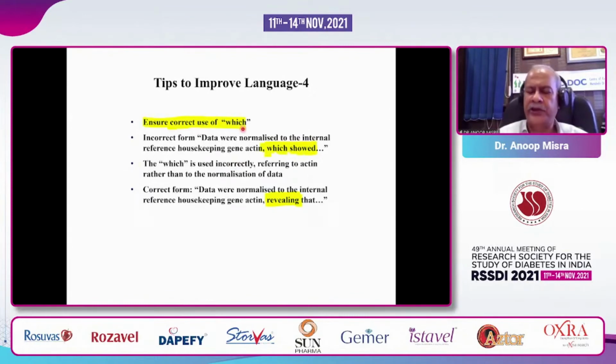Ensure correct use of "which", the most important problem in all papers. Incorrect form: "Data were normalized to internal difference housekeeping gene actin, which showed." Correct is: "Data were normalized to internal difference housekeeping gene actin, revealing that." Now, "which showed" means actin showed, which is wrong.